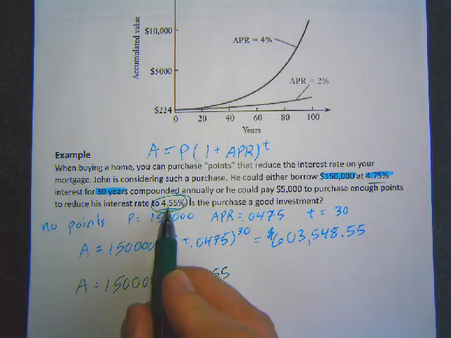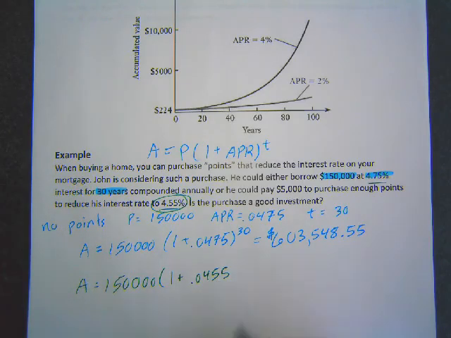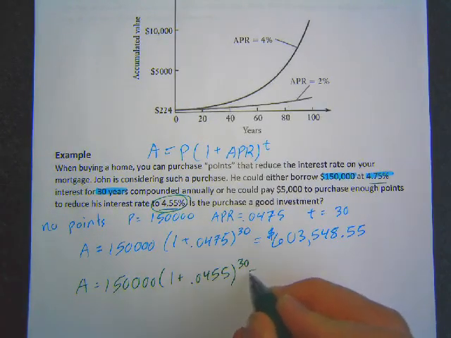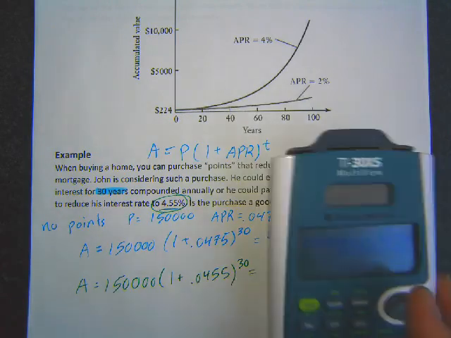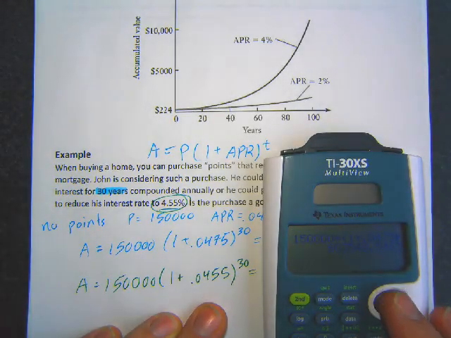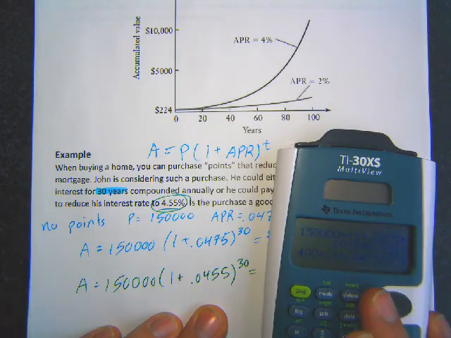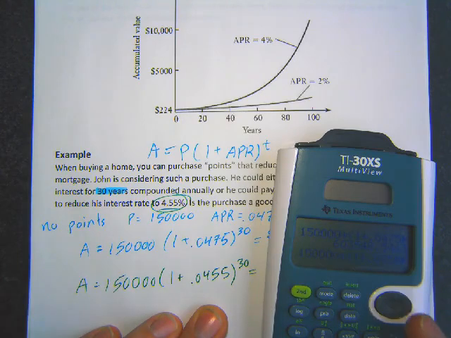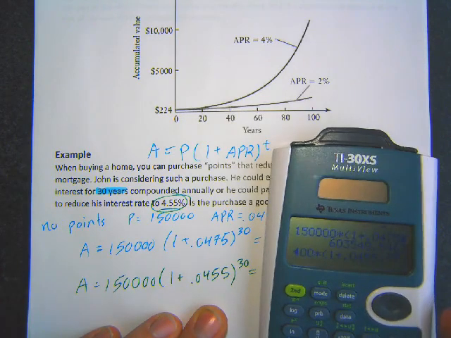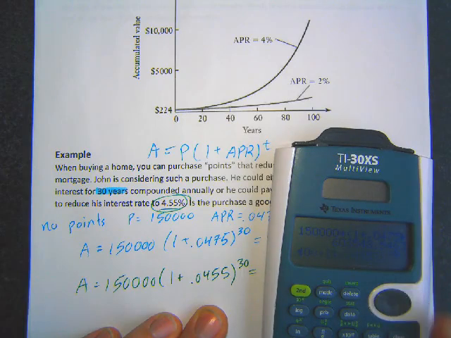Again, moving the decimal 2 spots gives us that 0.0455. Still a 30-year loan, still $150,000 for the loan. We want to see the difference here when we change the interest rate. I'm going to go back and use that enter trick on my calculator so I can get that retyped. And then I can just change this from 4.75 to 4.55. So change that to a 5. So now it's ready to type.